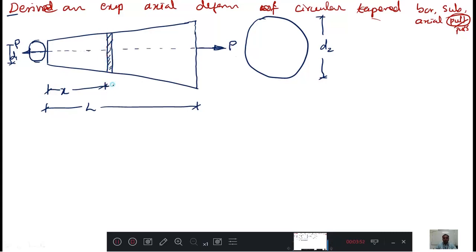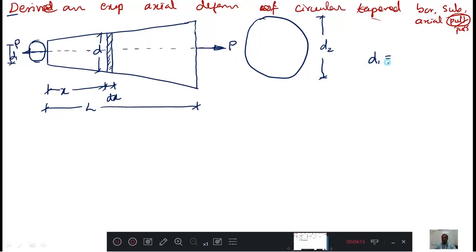This strip has thickness dx, and the small strip diameter is d. Now I can list the notations I have taken here.